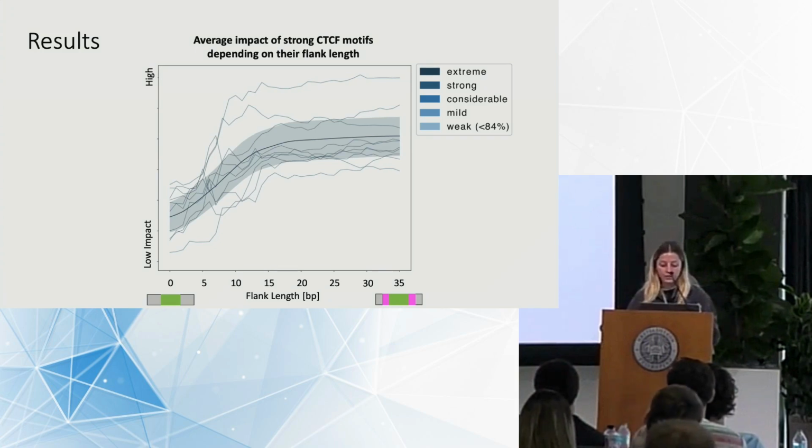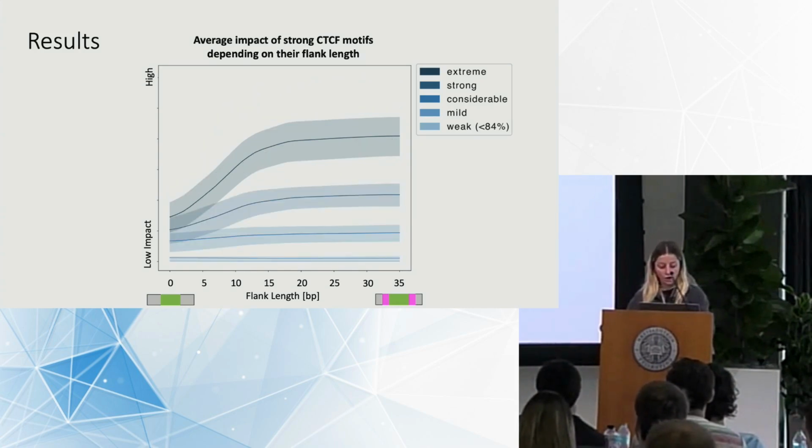Now for readability, I'm going to remove the raw data and plot all the other 4 groups. As we see, with the flank length getting bigger, the impact is getting higher. However, this impact saturates. And we see this effect for the top groups, not really for the weak ones.